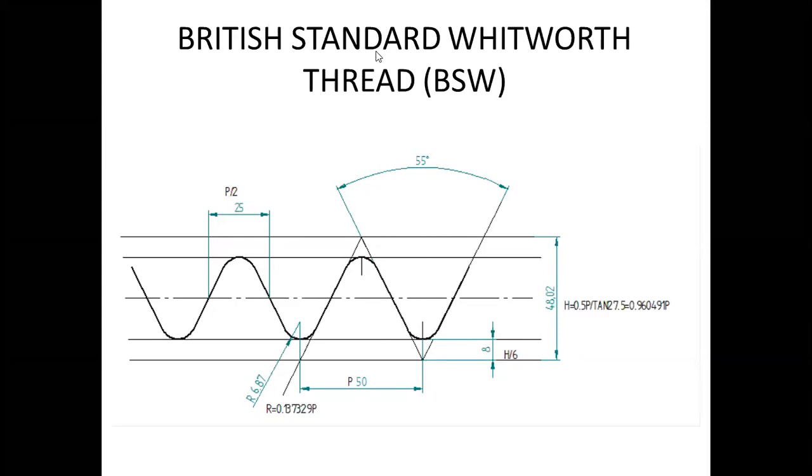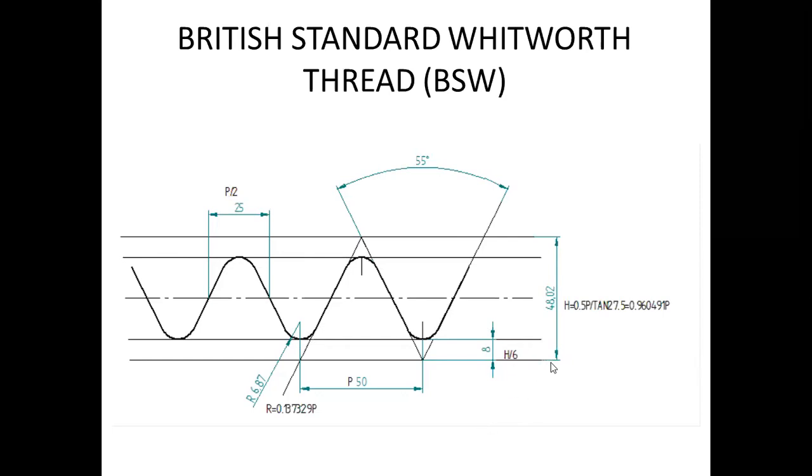As I told you, in British Standard Whitworth thread, the internal thread profile and external thread profile have the same profile, so no need to do twice. Only if you do this much, it is enough. But you have to do the same profile twice. If you do it in the system, you can copy, move and place it in another place. I will tell you why you have to do that.